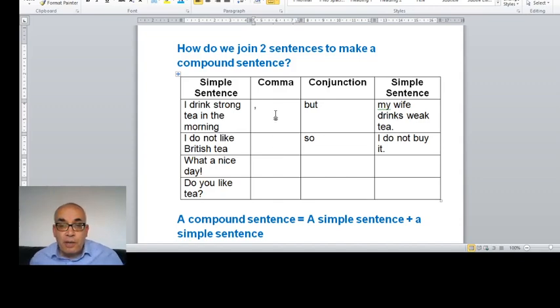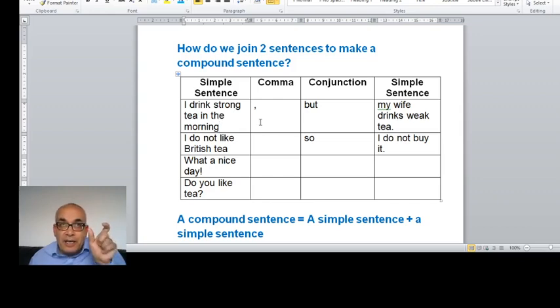Sometimes we don't use a comma. Now maybe we need a lesson on this. If the sentence before the comma is long, I use a comma. If the sentence is short, I don't use a comma. So if I say, I drink tea but my wife drinks coffee, here I don't need a comma.